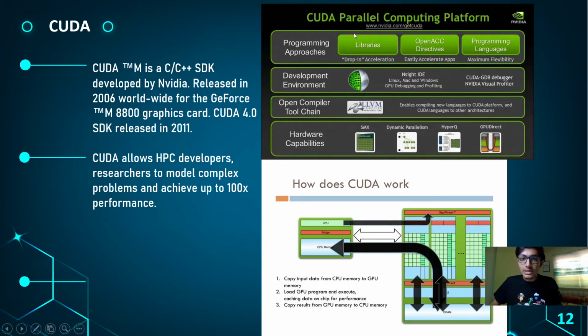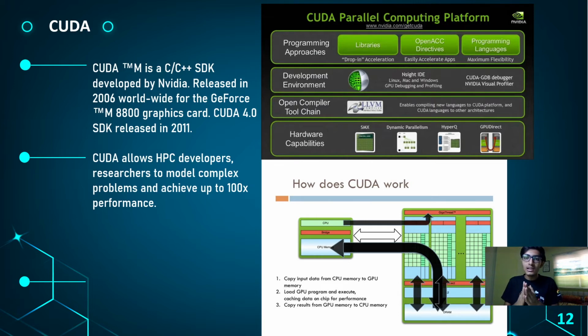As you can see in the above image, there are the programming approaches, the development environment used in CUDA, the parallel computing platform, the open compiler toolchain, and the hardware capabilities. There is much more, but this is just a prerequisite of how and what happens in CUDA, like the SMX compiling and dynamic parallelism. All this happens and makes our code more efficient, and processing speeds touch the skies.